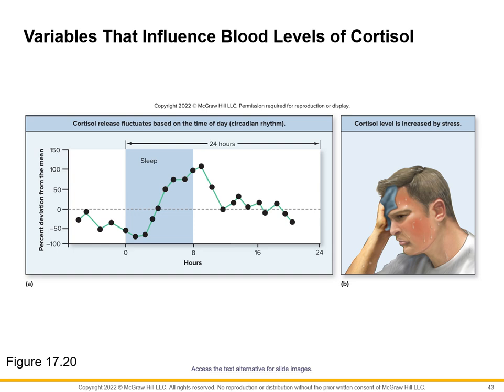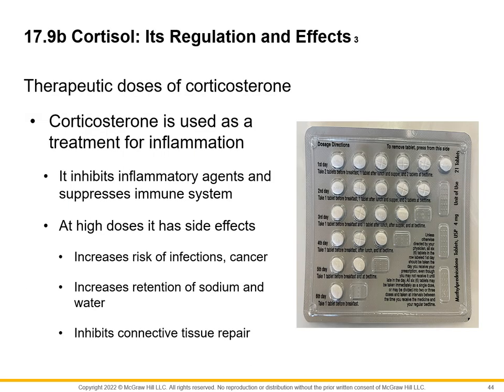So increased levels of stress will promote the release of our glucocorticoids, our cortisol. So you can see that pretty clearly here. And then what I was mentioning earlier in terms of taking steroids for an illness or something, you'll notice here with this image, again, they're taken for inflammation, suppressing the immune system.